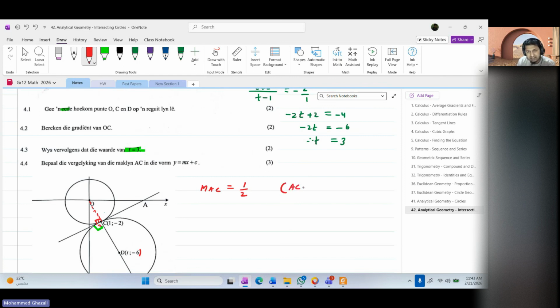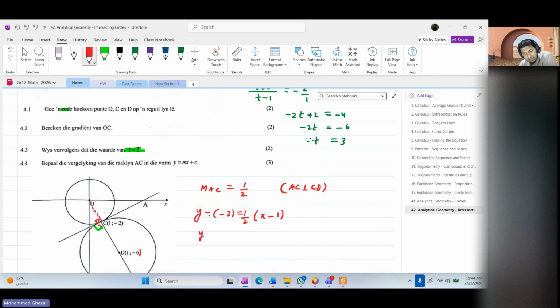Because AC is perpendicular to CD, right? That's the reason why we're saying it's half. Now we find the gradient of AC. Now we have a point on AC, which is 1 and -2. So y minus y1, what's y1? -2, equals m, which is half, into x minus x1, which is 1, equation of the line.